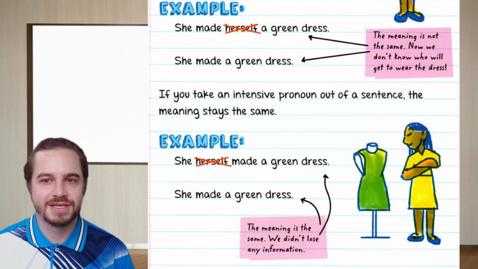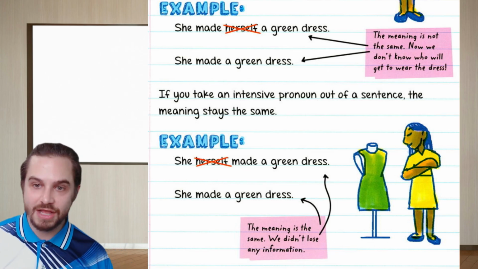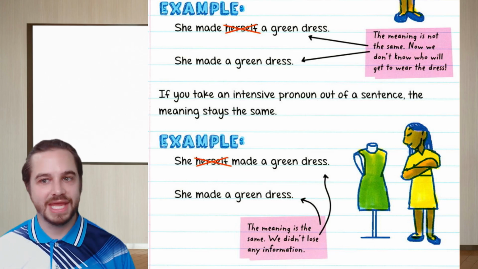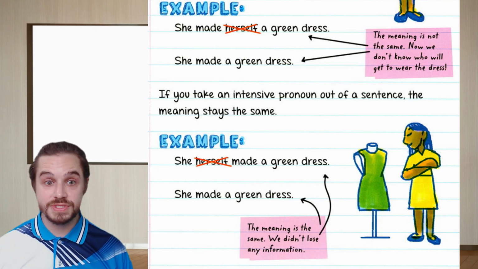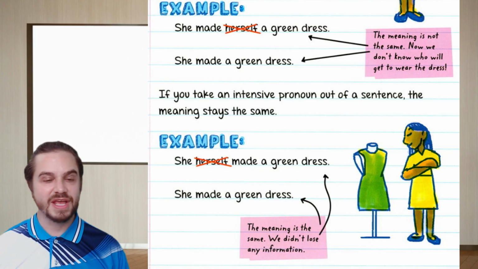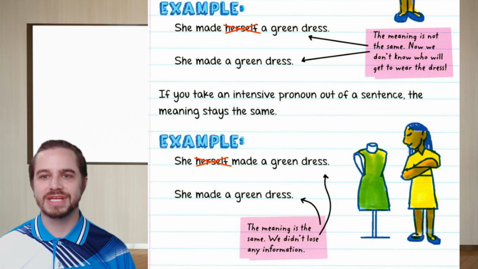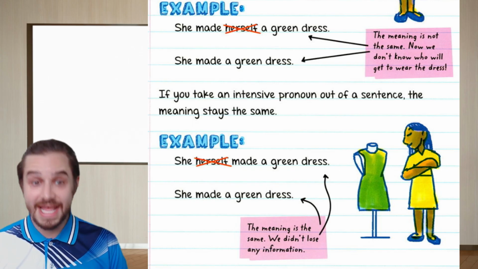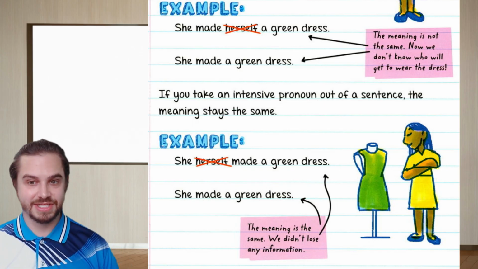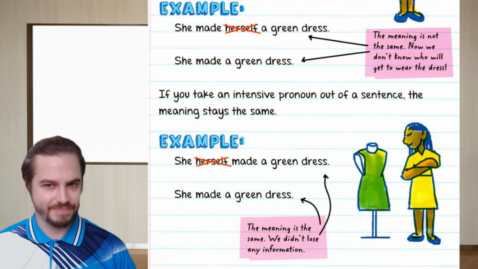Example, she made herself a green dress. If you take out herself, now you have she made a green dress. The meaning here is not the same. It's very close, but it's not the same, because we don't know who's wearing the green dress without the reflexive pronoun.